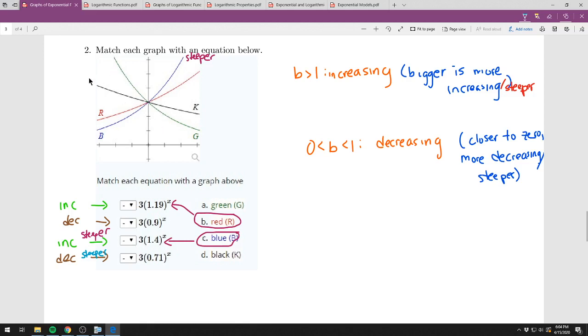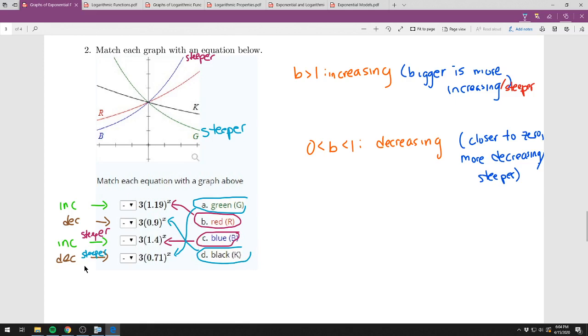If you think about trying to walk along these paths, it's going to be a lot easier to walk on something like K than G. G's pretty steep. You might just lose your footing and fall down. Okay, so the steeper graph, G, green, goes with the bottom one. And then the less steep one, the black one labeled K, goes with the other.